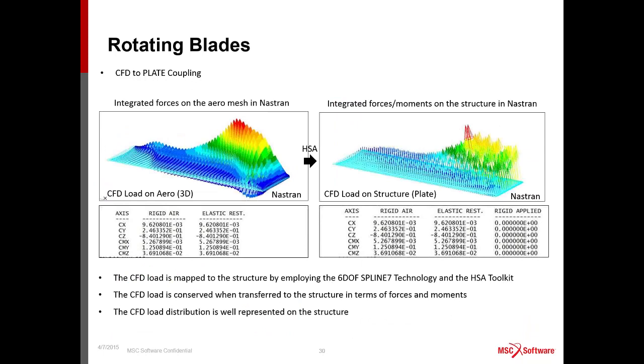So have a look at what we get in terms of results. As you can see on the left side, we have the integrated CFD loads on the aerodynamic model, and after having performed the HSA, we have the result on the right side. This is very important because we are able not only to get the right distribution of the CFD load on the Nastran side, but we can even get the same integrated loads in terms of forces and moments, as you can see by comparing the aerodynamic and structural monitor points.